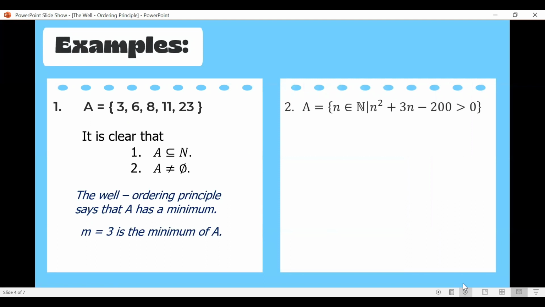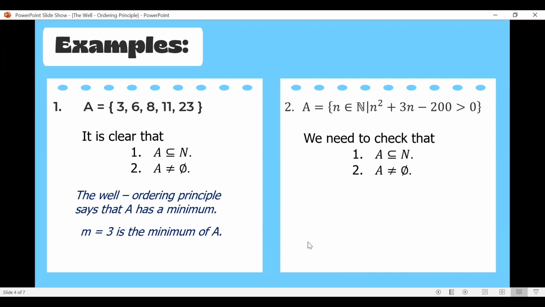Now let's go to the second example. We have here set A, the set of all n elements of natural numbers such that n squared plus 3n minus 200 is greater than 0. We need to check if the two conditions are satisfied in the given set. Of course, it's very obvious that set A is a set of natural numbers because it is stated that n, or the elements, are in the natural numbers.